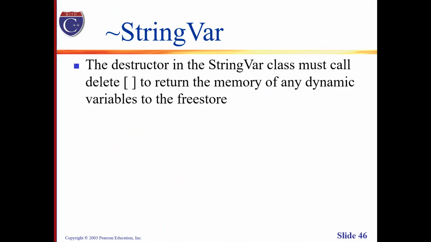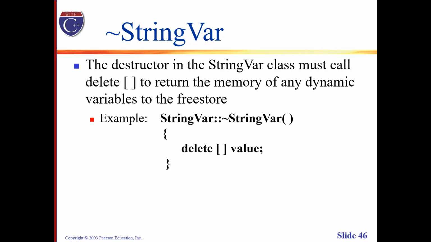The destructor in our example must call the delete operation to return the memory of any dynamic variables to the free store. As you can see here, it is still concerned with memory management, which has the primary goal of freeing up memory that has been used and returning it to the free store.